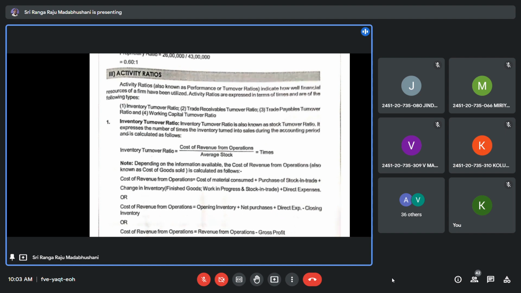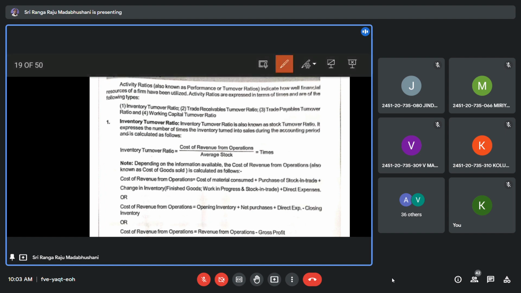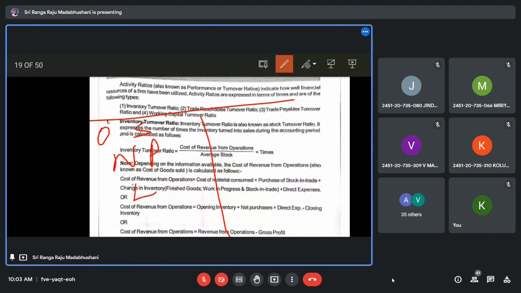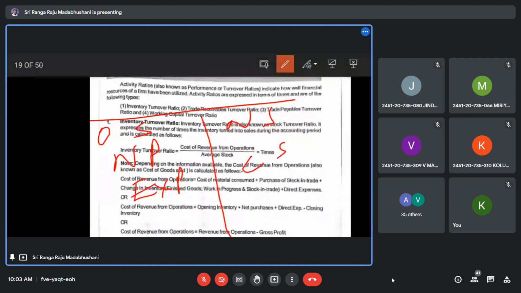If you are familiar with the trading account, then this is very simple. In the trading account, we have opening stock, net purchases, and operating expenses on one side; net sales and closing stock on the other. The difference is gross profit.